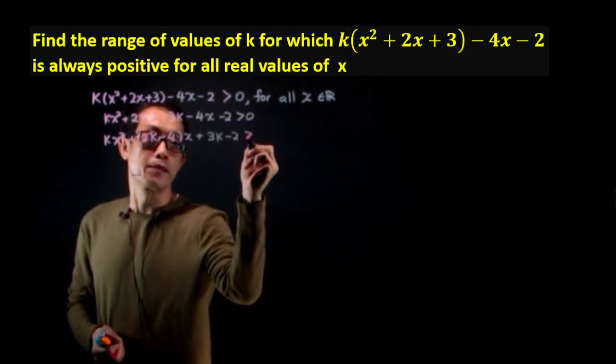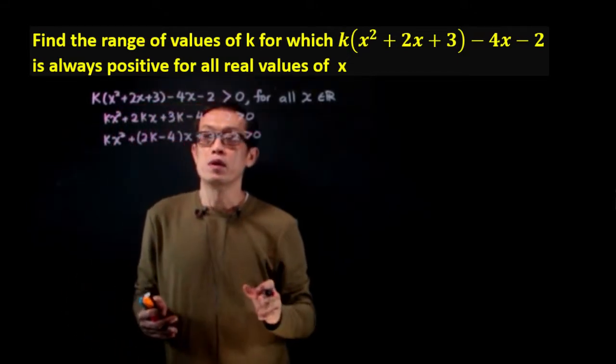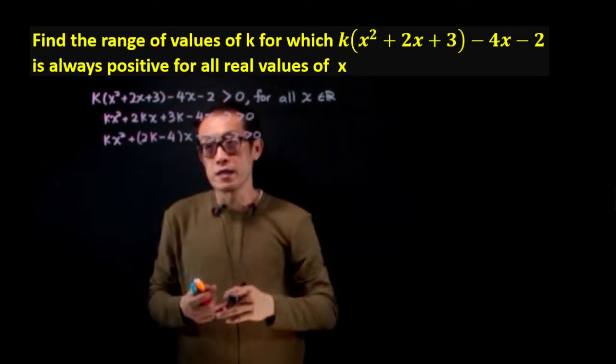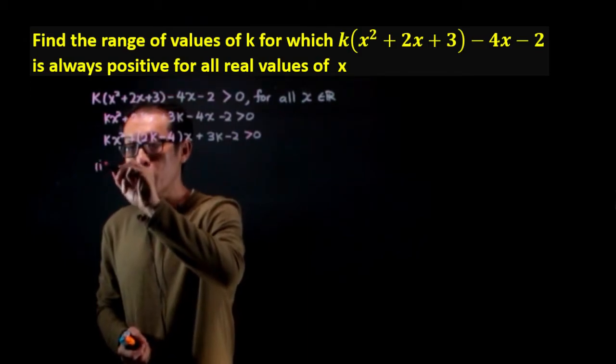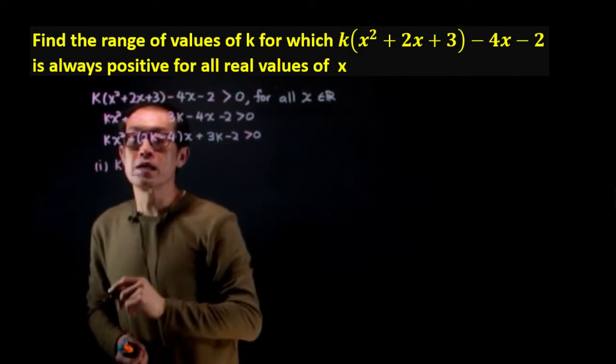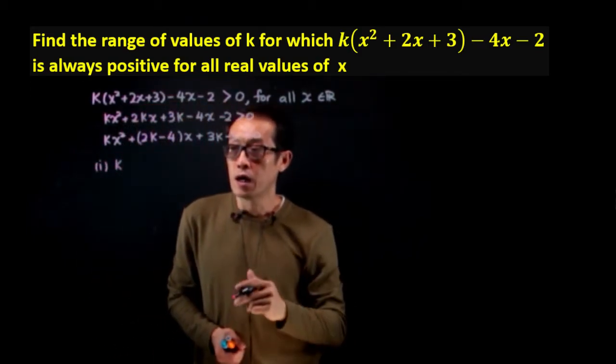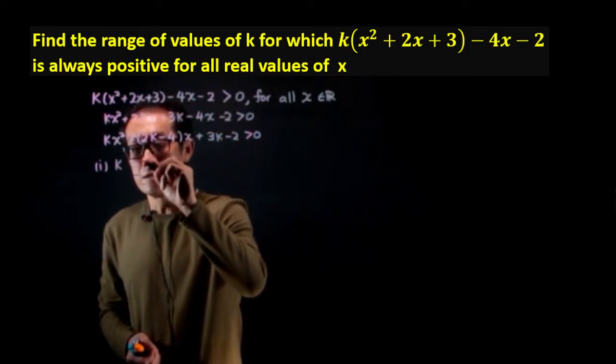Alright. Now, if you want this to be always greater than 0, your condition 1, k must be greater than 0.